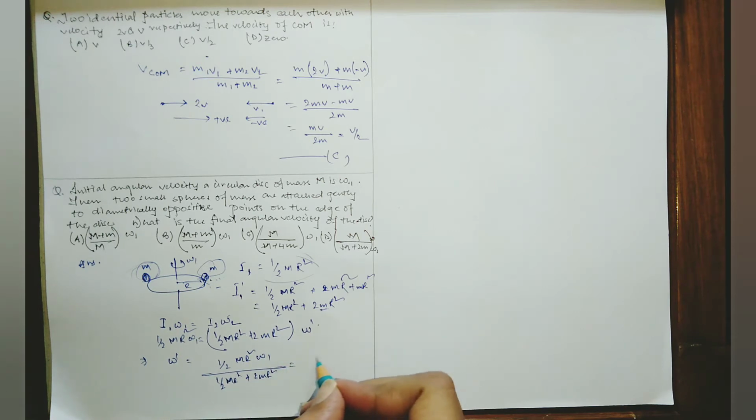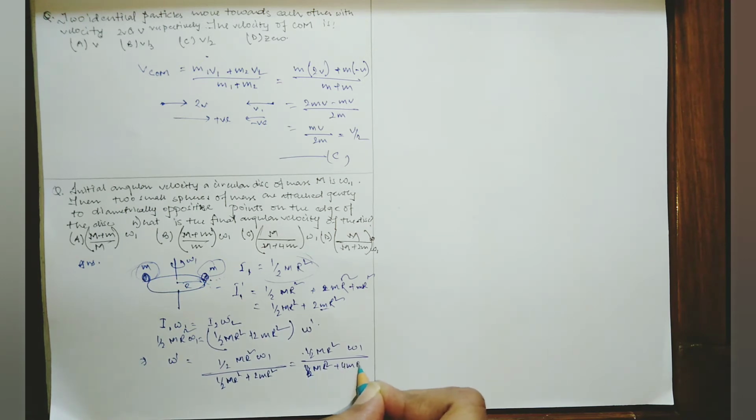Now simplifying this, we will get half of M r square omega 1 by (M r square plus 4m r square) by 2. Now the r square will get cancelled, so it will be M omega 1 by M plus 4m.